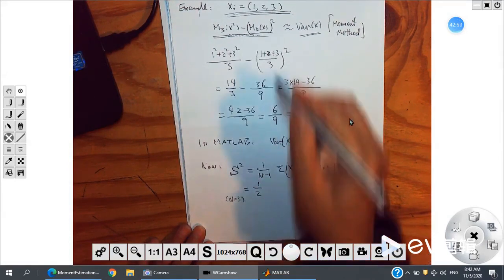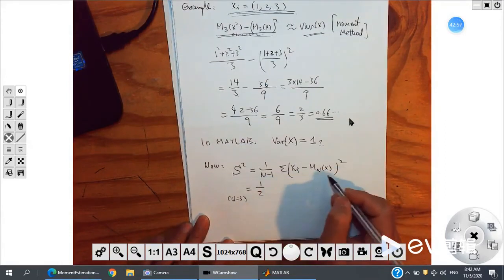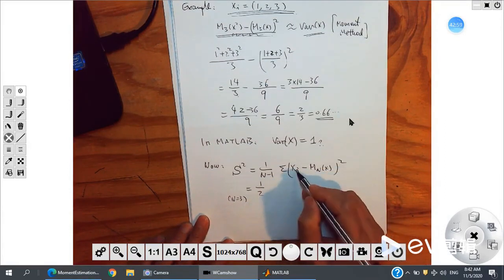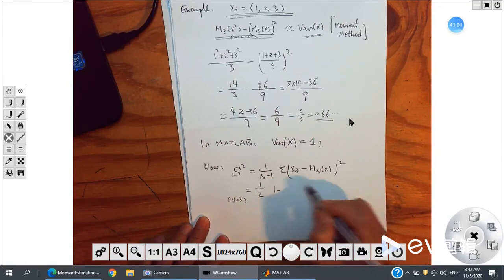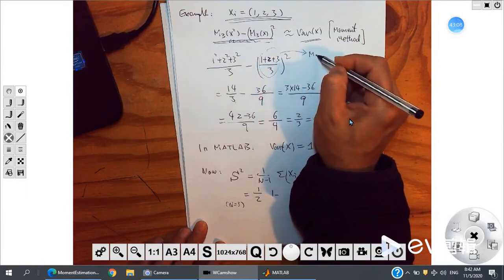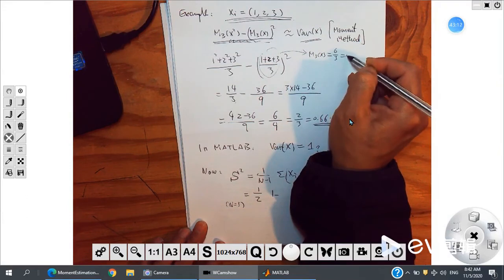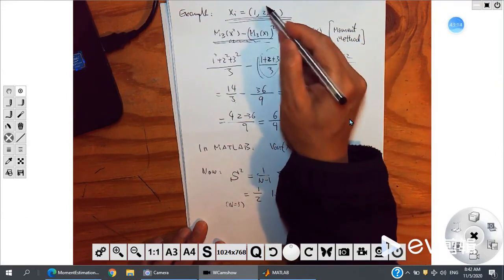I have 3 samples. And in the summation, I have 3 terms. The data will be 1, 2, 3. So it's 1 minus the mean, right? The mean of x is 6 over 3, which is 2. Yeah, 1, 2, 3. Average is 2, right? Makes sense.